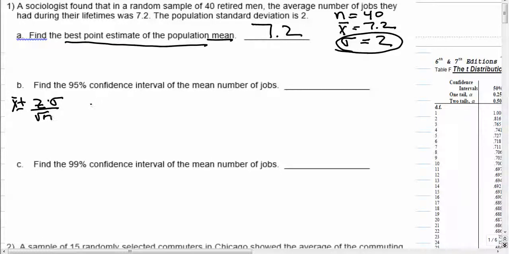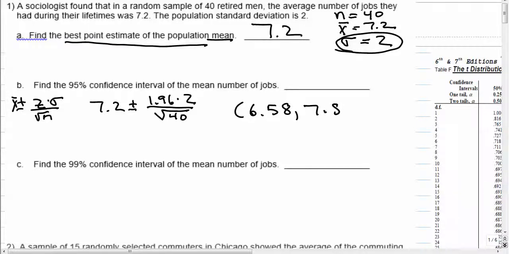In other words, 7.2 plus or minus. If you look up z for a 95% confidence interval, go to the table, and you're going to find out that there's 1.96 times the standard deviation, 2, divided by the square root of n, which is 40, and the interval turns out to be 6.58, comma, 7.82. You should be in a reasonable neighborhood about those two numbers.